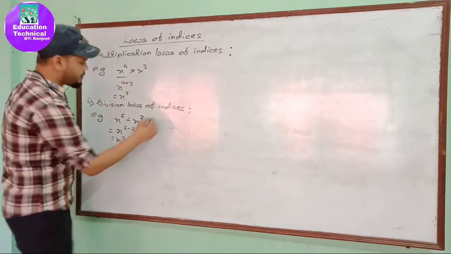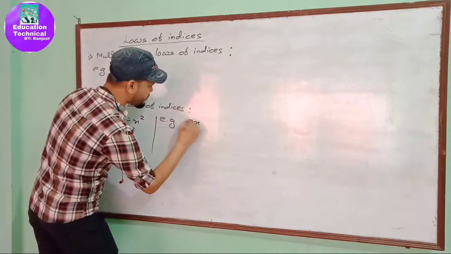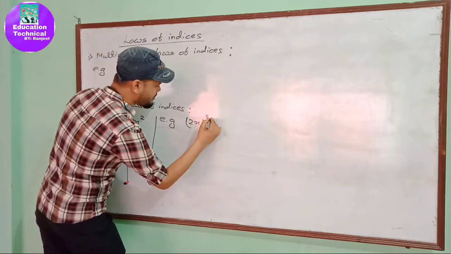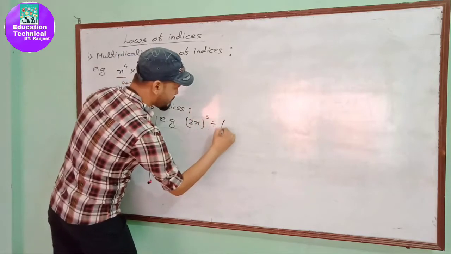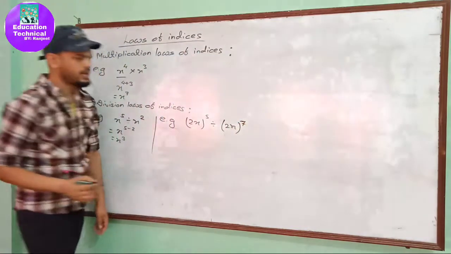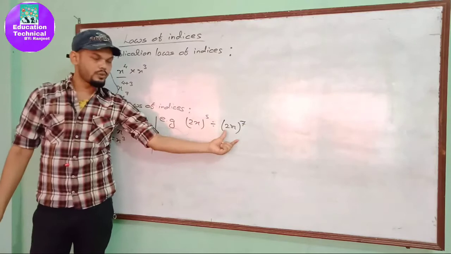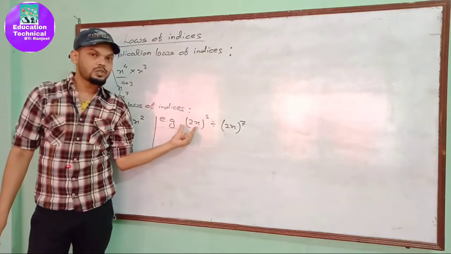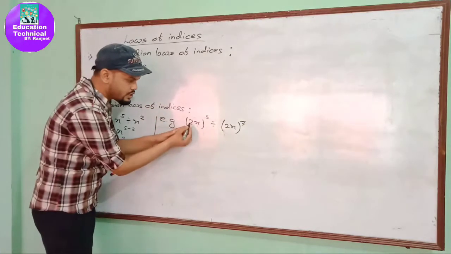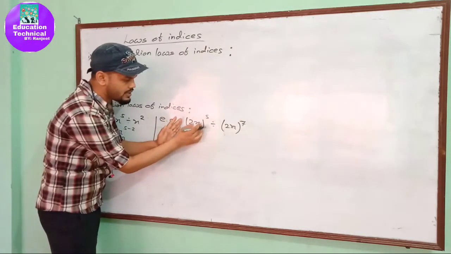We can take another example, suppose 2x whole power 5 divided by 2x whole power 7. Let me consider this example. Here in this example also we find the base, that is 2x, and the whole power is 5.